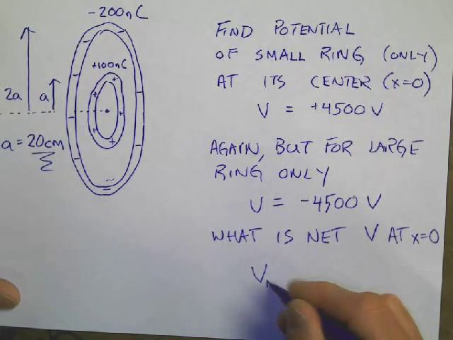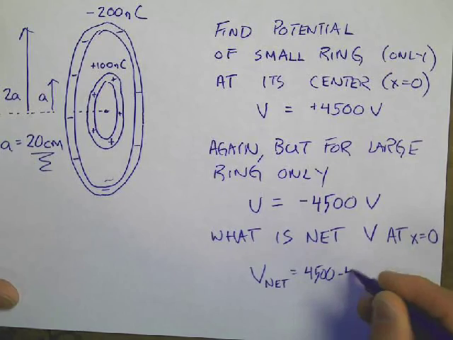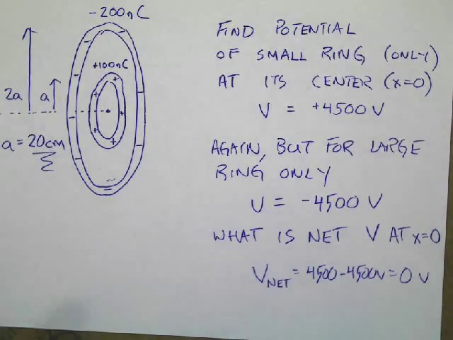Okay, so the total V net would be 0 volts. So you can do that sort of a thing. You can actually, if you have multiple different objects, you can add up the potentials that they contribute separately to determine the overall potential at a point.